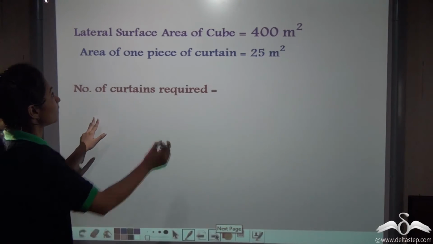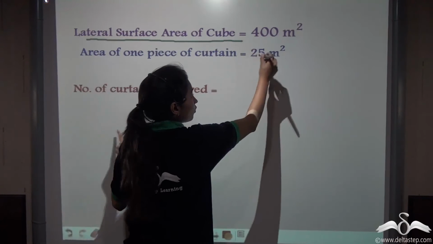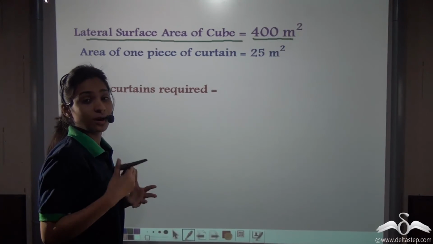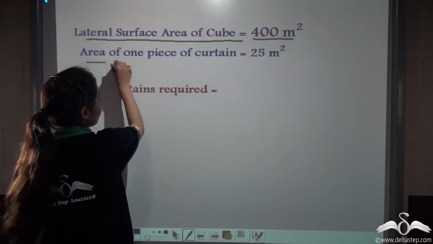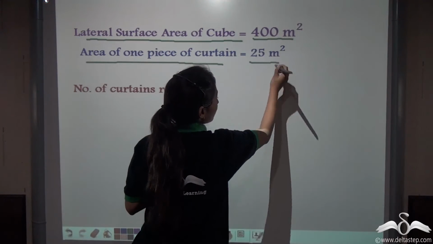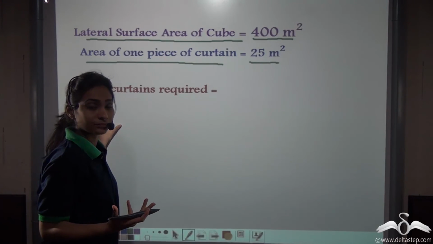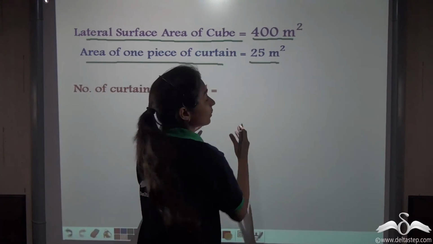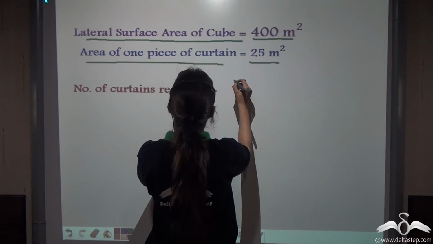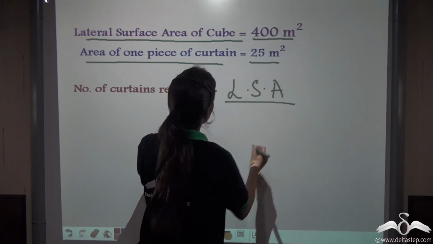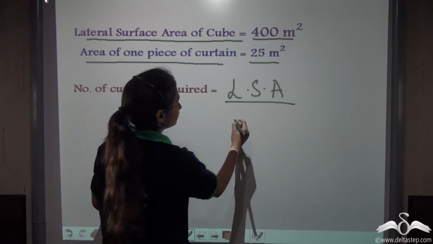Now we have found out that the lateral surface area of the cubic room was 400 meters square, and I was given information by the shopkeeper that area of one piece of curtain will be 25 meters square. So how many curtains will I require? Now the number of curtains that I require can be calculated by lateral surface area of my room divided by area of one piece of curtain.